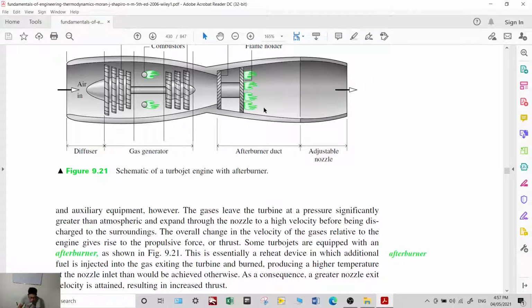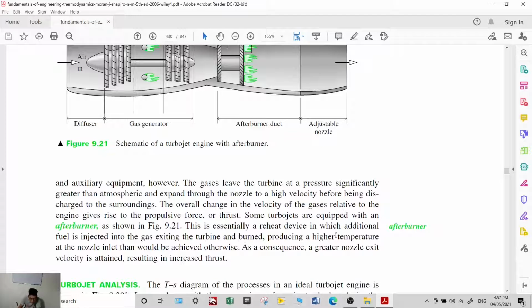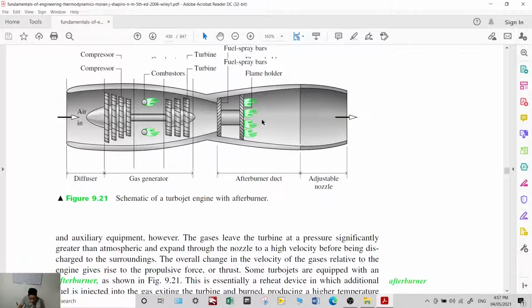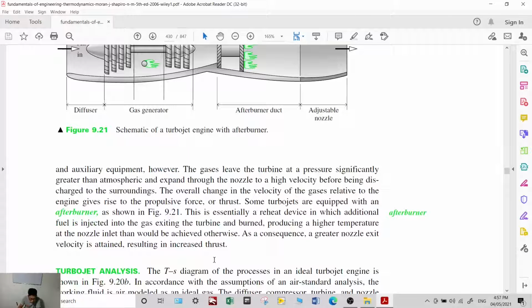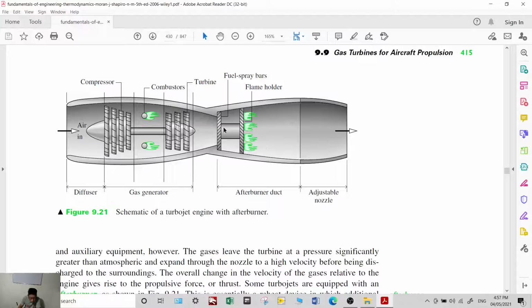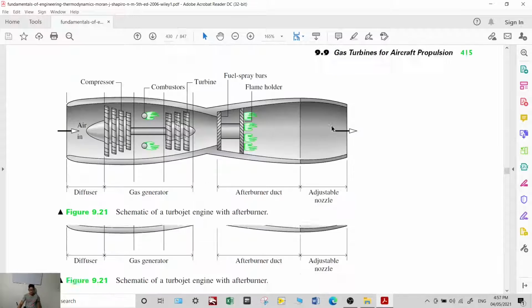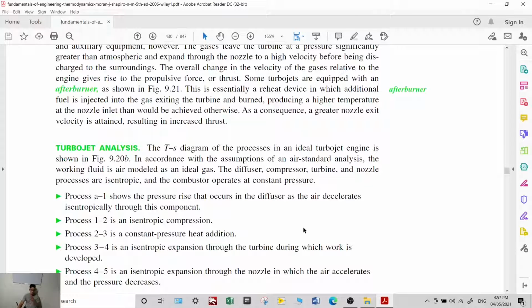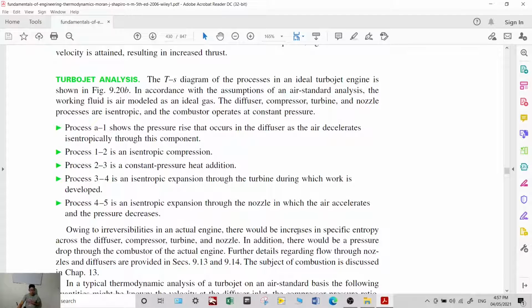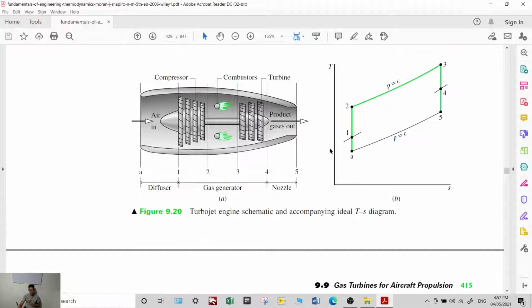So you add additional energy source to increase ang karon nimong temperature. So in effect, mas mataas ang imong thrust nga ma-generate. Okay, diri mas mataas ang imong thrust. Okay, so in order to analyze the turbojet engine, again, we'll use the air standard analysis and we assume nga ang compression is isentropic.